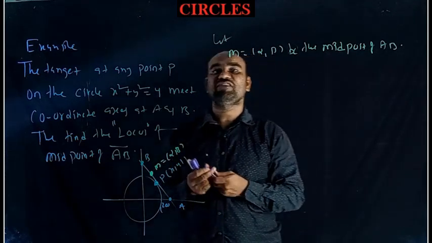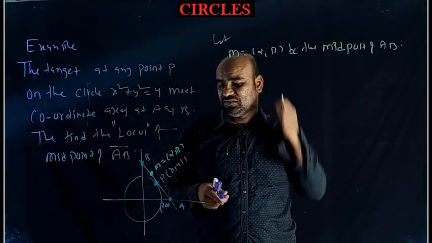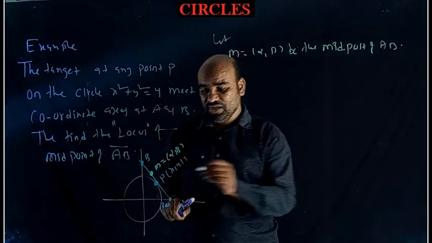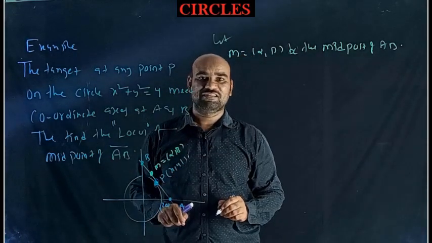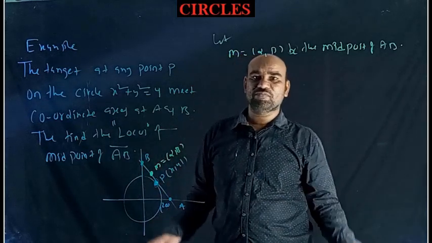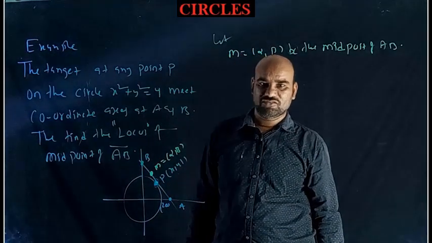First of all I want to find the equation of the tangent at P (x1, y1). P is a point on the circle, so the equation of the tangent is nothing but the point form, S1 equal to 0.